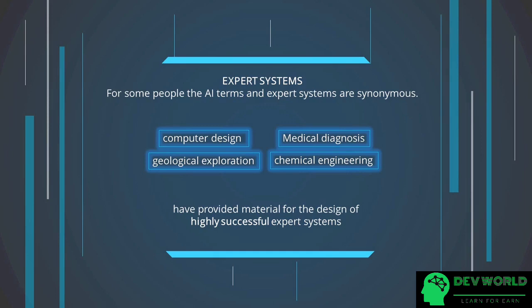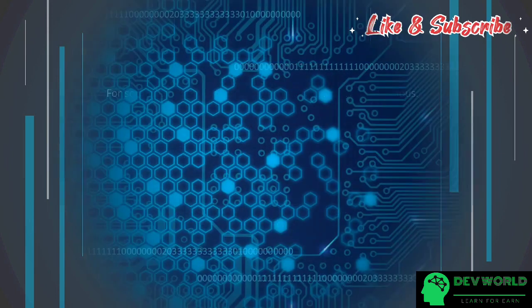For example, we have computer design, medical diagnosis, geological exploration, and chemical engineering, and all these fields have provided material based on the knowledge of an expert for the design of highly successful expert systems.